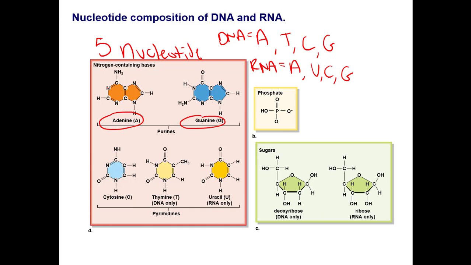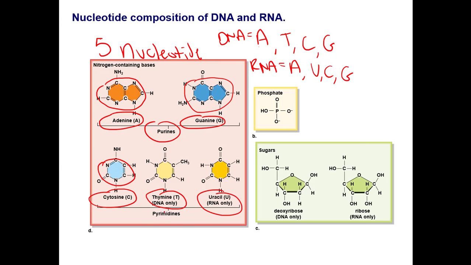Adenine and guanine both have these 2 ring structures. So there's 2 rings that are fused together. If the nucleotide has 2 rings, we call this a purine. Whereas cytosine, C, thymine, which is in DNA, and uracil, which is in RNA only, they have this 1 ring structure. These are called pyrimidines.